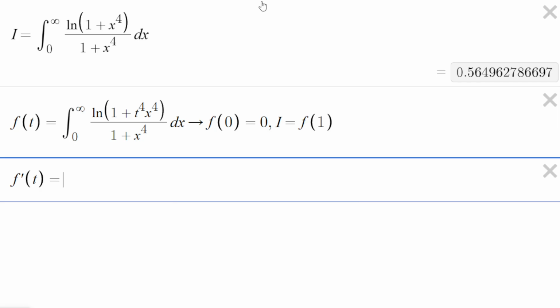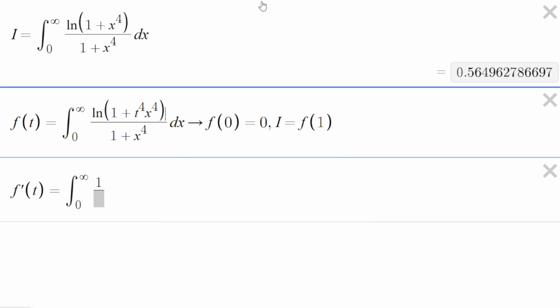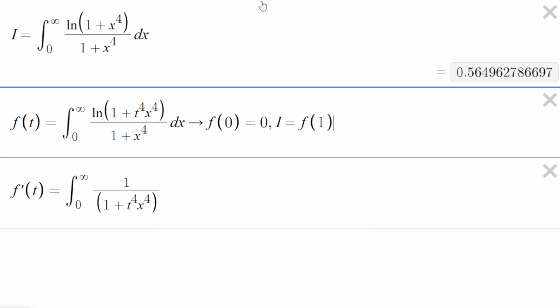So this is going to be equal to the integral from 0 to infinity of, well, we're going to get 1 over the thing inside the natural log. So that's this part right here. And then we'll also have this part since it's constant.